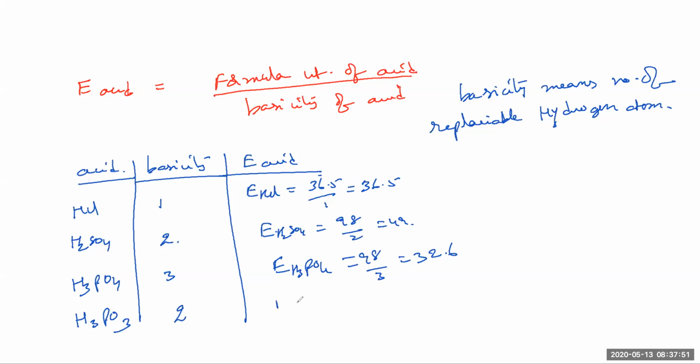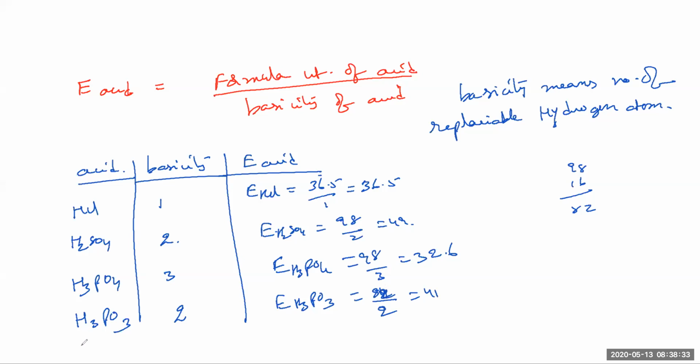So equivalent mass of H3PO3, phosphorus acid, is 82 by 2, that is 41.